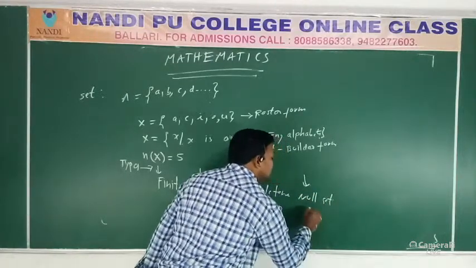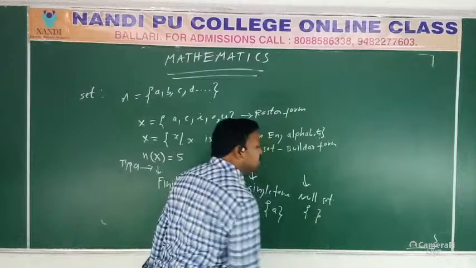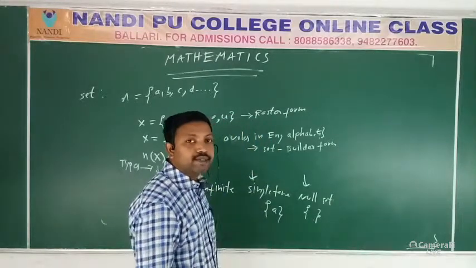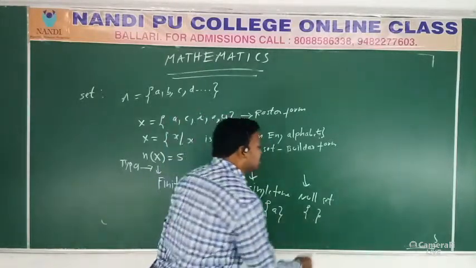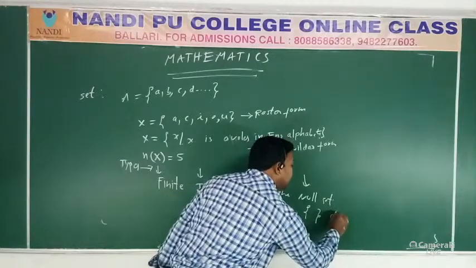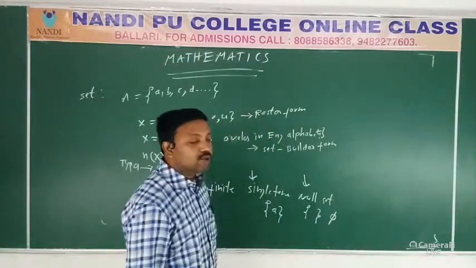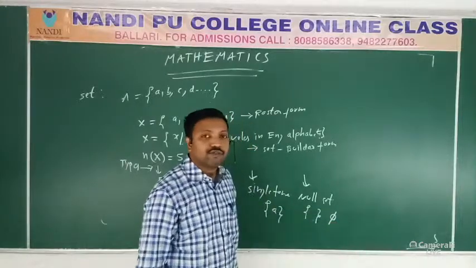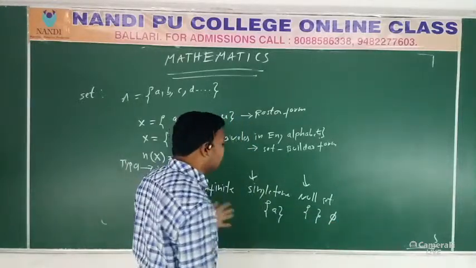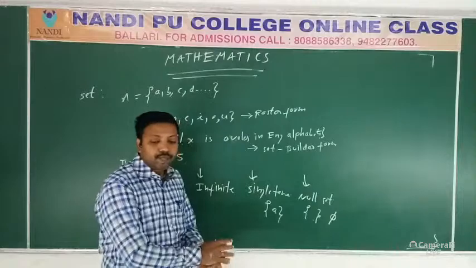What is a null set? The set which does not contain any elements is called a null set, and this can be represented as phi. So, null set, empty set, infinite set, finite set.